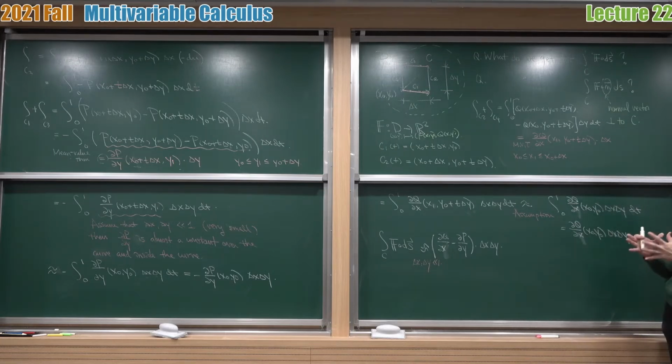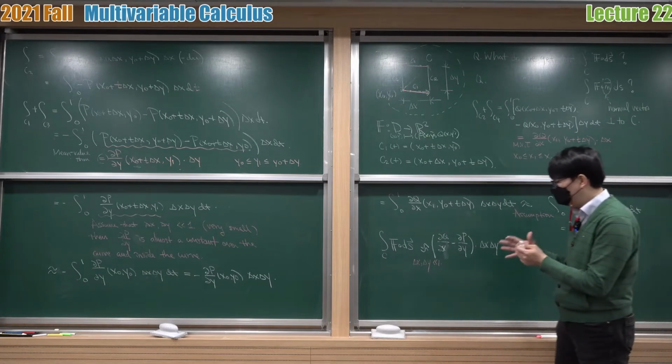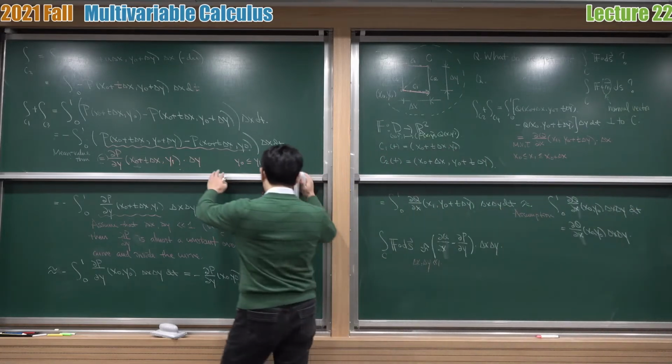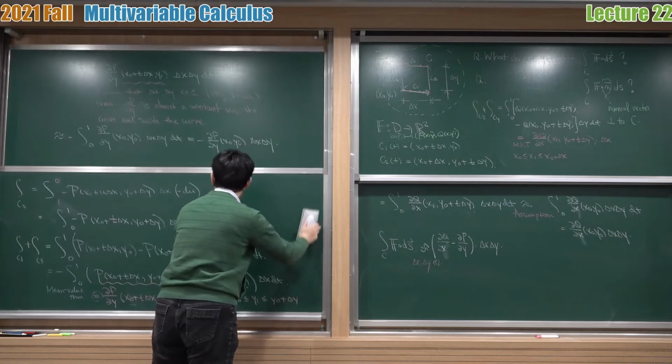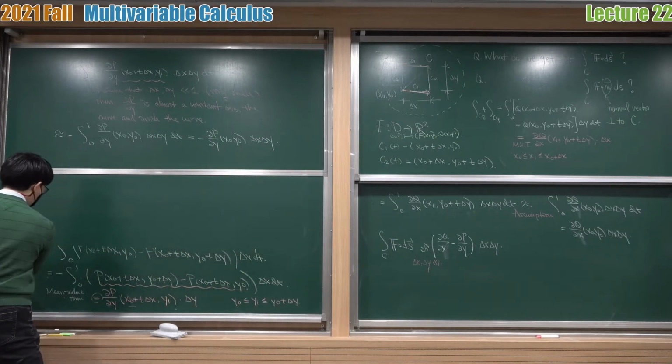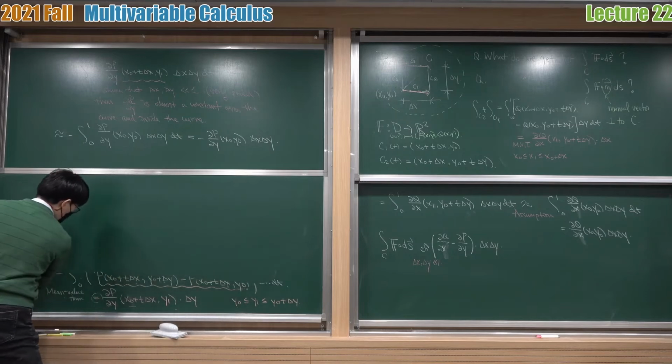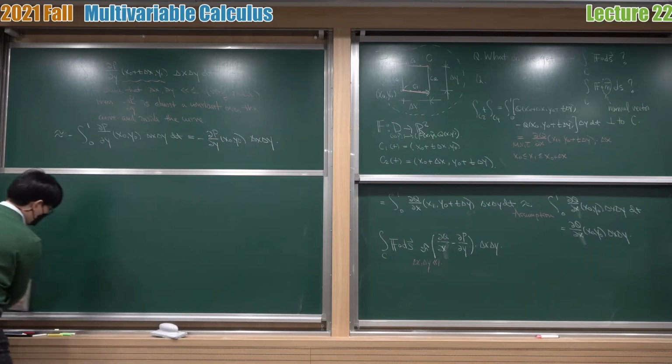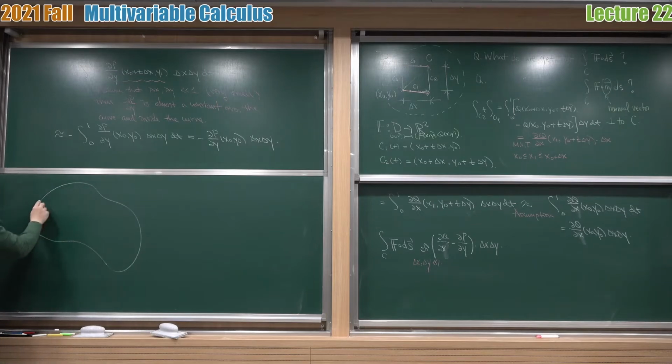But since we know that this holds for a very small curve, when you have a large curve, I can approximately say that, suppose that I have a curve like this.